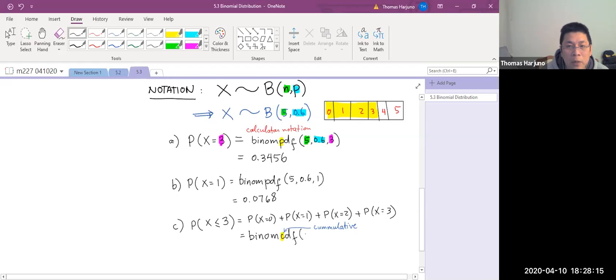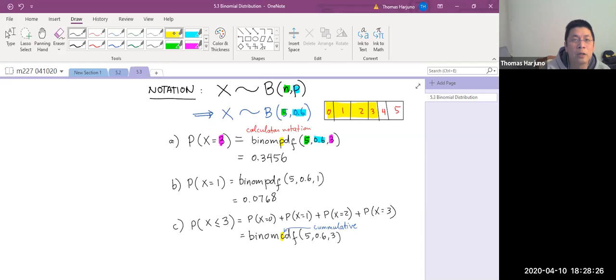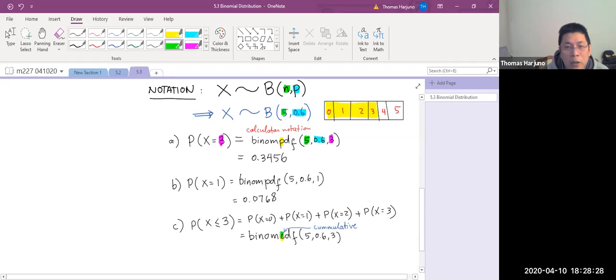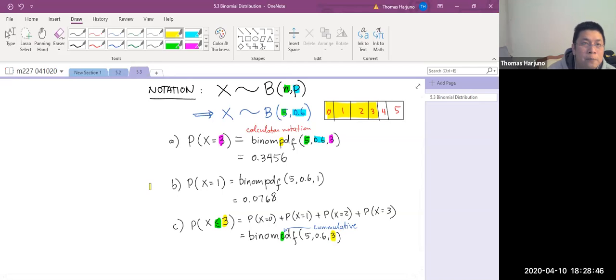The first number is the N, the second number is the P, and the third number is the cumulative, up to 3. Okay, now the position of binomcdf is right below binompdf on your calculator.